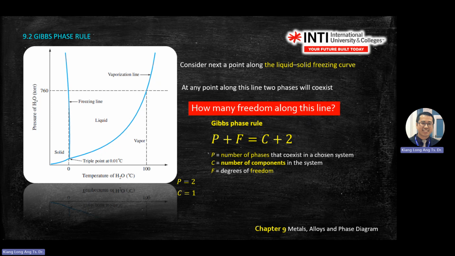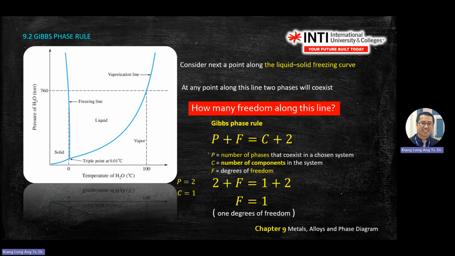So F is 1. So it means you have 1 degree of freedom. What does it mean? Along this line, you can either fix temperature and play with pressure, or you fix pressure and play with temperature. Then it will change phase.